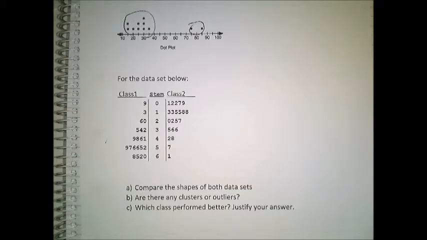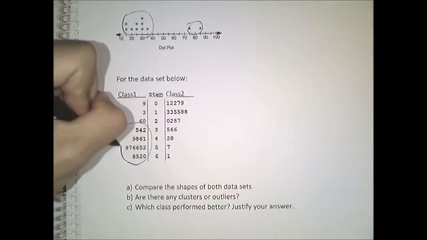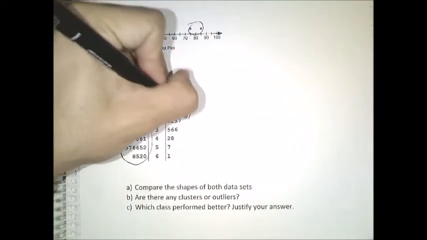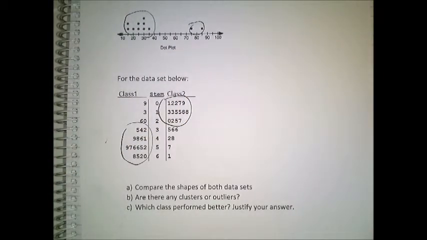We can see that class 1 has a negative skew because all of the data is clustered in the higher scores of our data set, whereas class 2 has a positive skew where the lower values are clustered and are more frequent in the lower end of the data set.